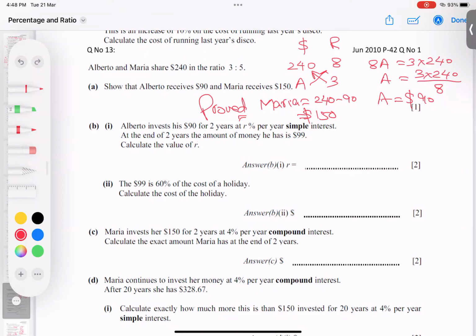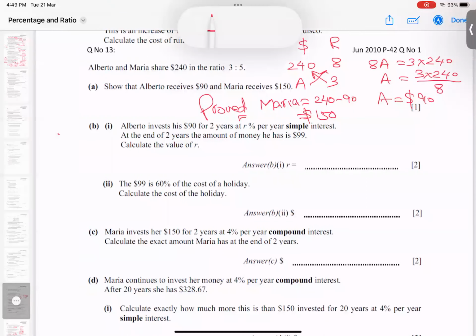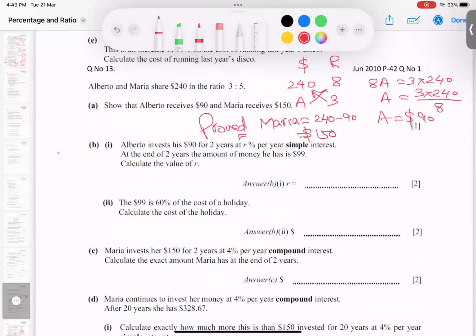For your knowledge, I tell you one thing. First of all, you check what is our investment, how much investment. I write it here. P is called investment, $90. Time is 2 years. The rate of interest is small r. And an interesting part, here some students get confused. They think this 99 is a profit.